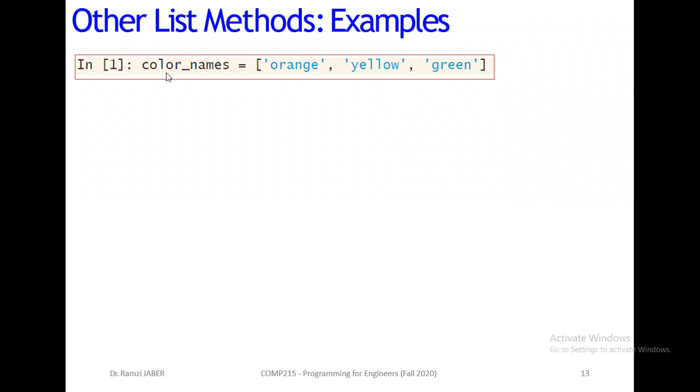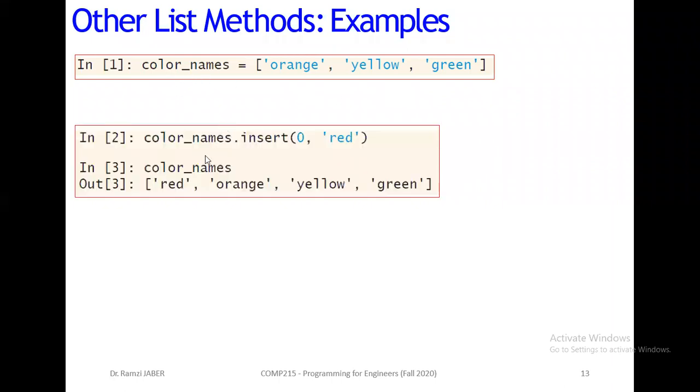So if I want to insert a new color inside the list using insert, I make this statement: color names dot insert at the 0 location, comma red. So I want here to add the color red as the first element. 0 location means the first element.